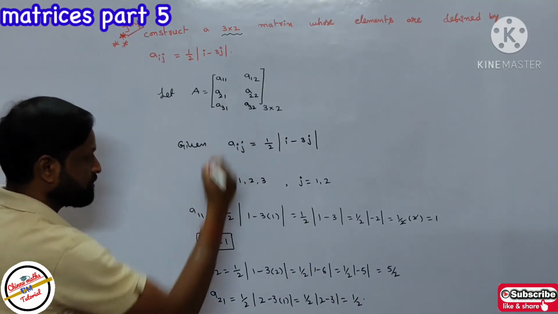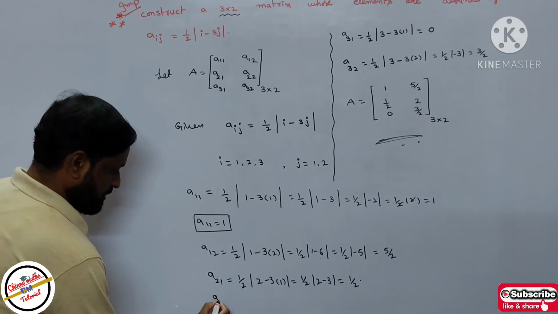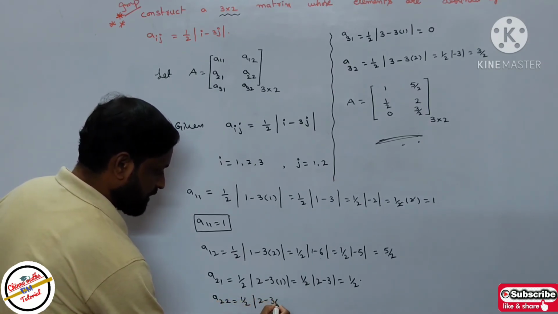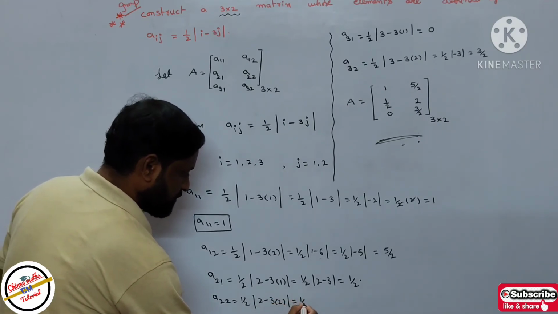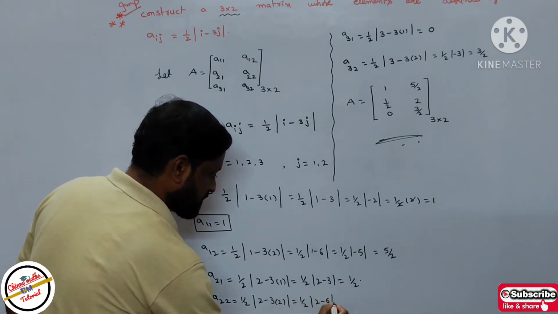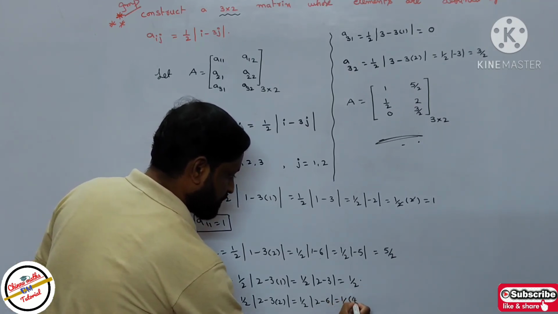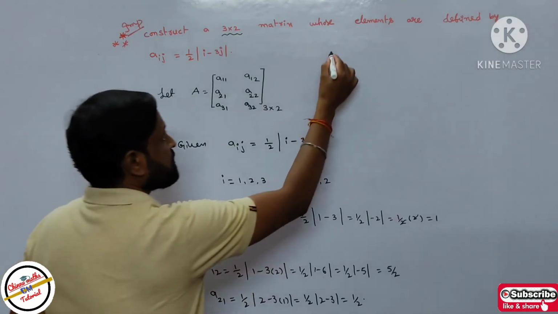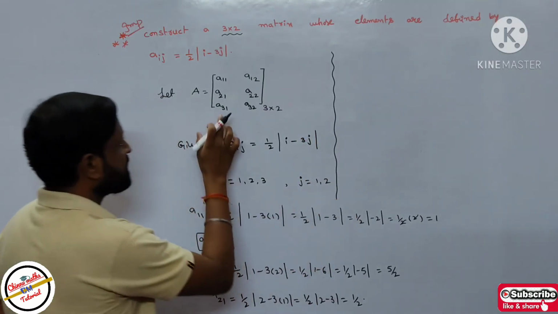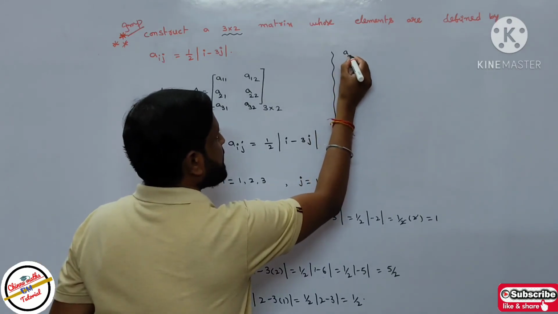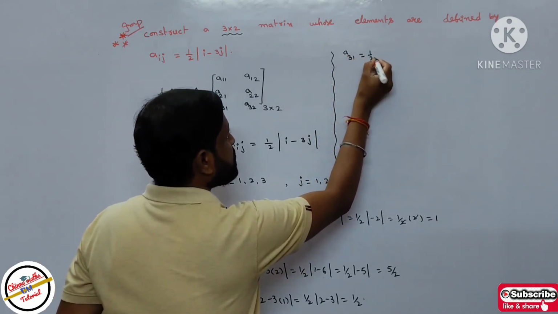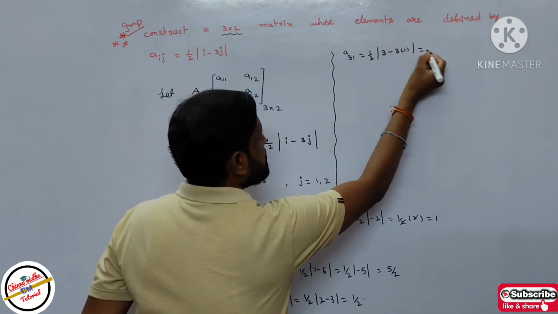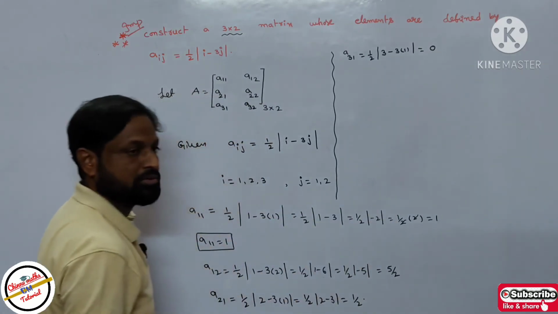Next a22: 1 by 2 into mod of 2 minus 3 into 2, which is 1 by 2 into mod of 2 minus 6, which is 1 by 2 into 4, equal to 2. Then the a22 value equals 2. Now a31: 1 by 2 into mod of 3 minus 3 into 1, which is 0 into 1 by 2, equal to 0.